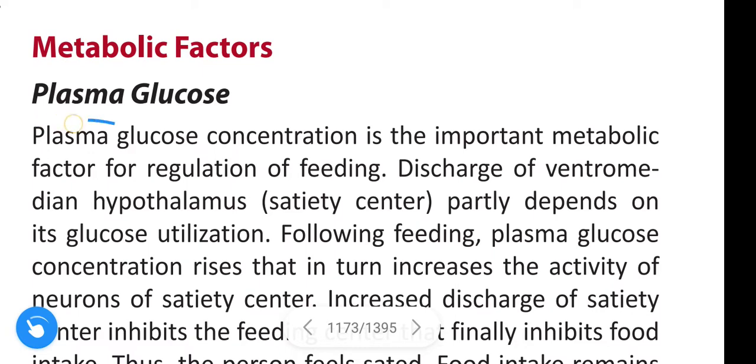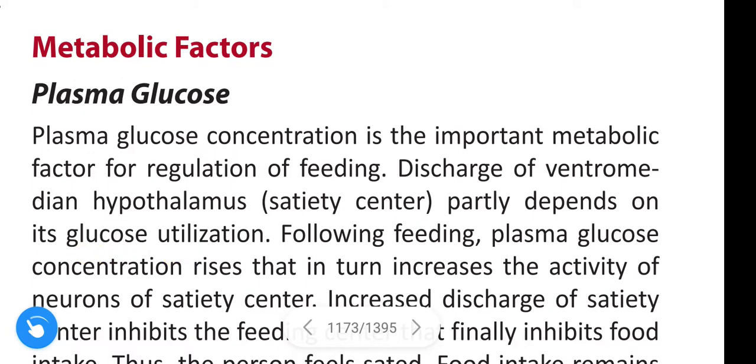First, plasma glucose. Plasma glucose concentration is an important metabolic factor for regulation of feeding. Discharge of ventromedian hypothalamus, which we call the satiety center, partly depends on its glucose utilization.